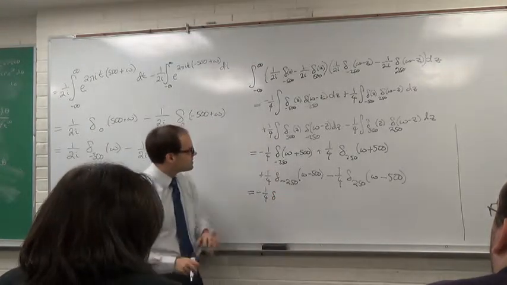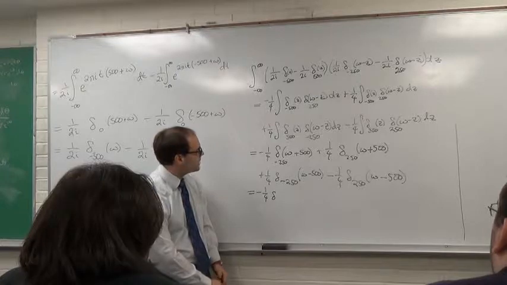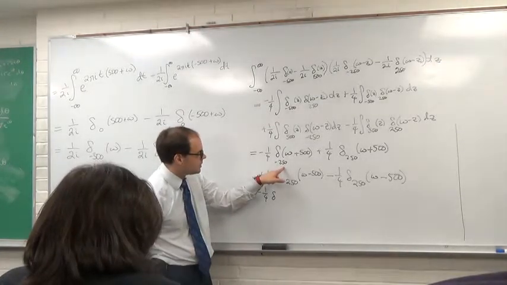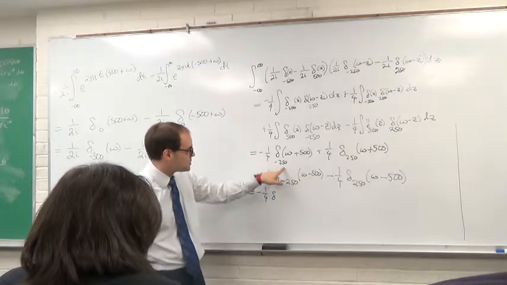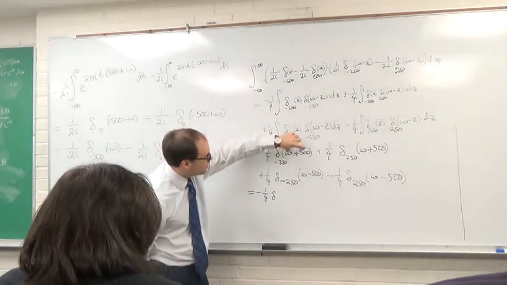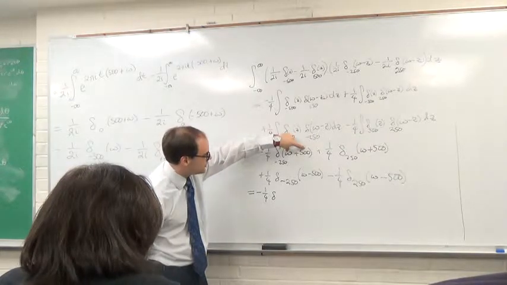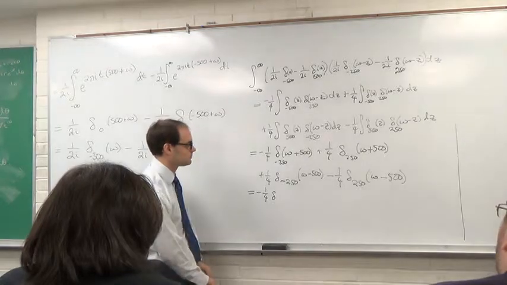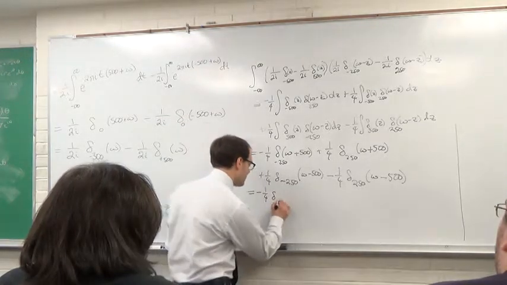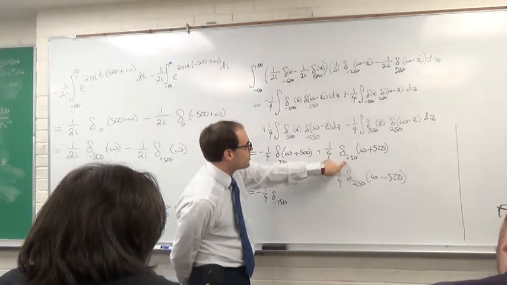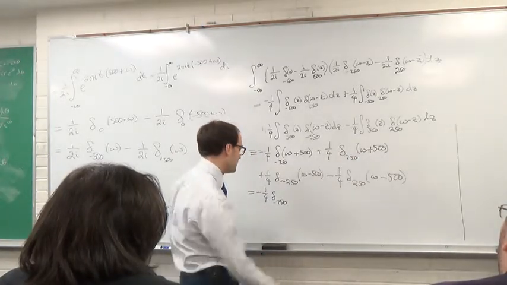This one here has its support, it's spiky, when omega plus 500 is equal to negative 250. So what's omega? Negative 750. And what about this one? This one here has its support when omega plus 500 is equal to 250.